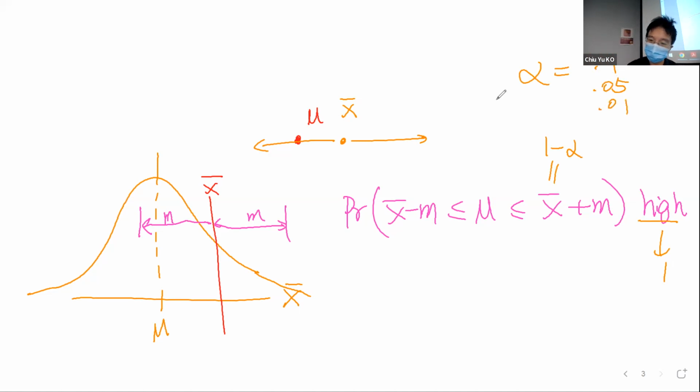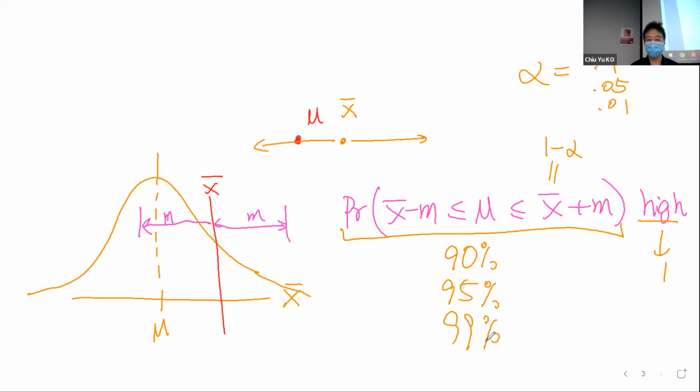These are the three usual values. So you are talking about the probability of including the mean being 90%, 95%, or 99%. You want a high probability that once you do it, you include it. Is that clear?